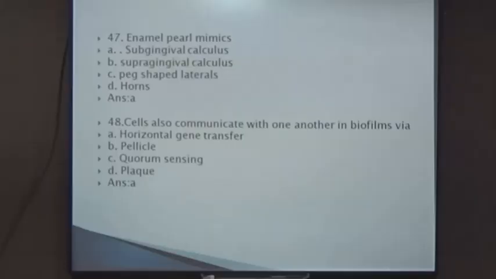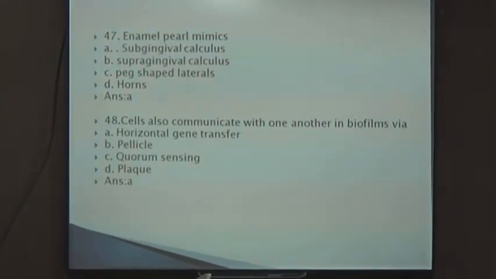Cells also communicate with one another in a biofilm via horizontal gene transfer. In a biofilm there are many types of bacteria, different types of cells, and each cell communicates with the others by horizontal gene transfer.